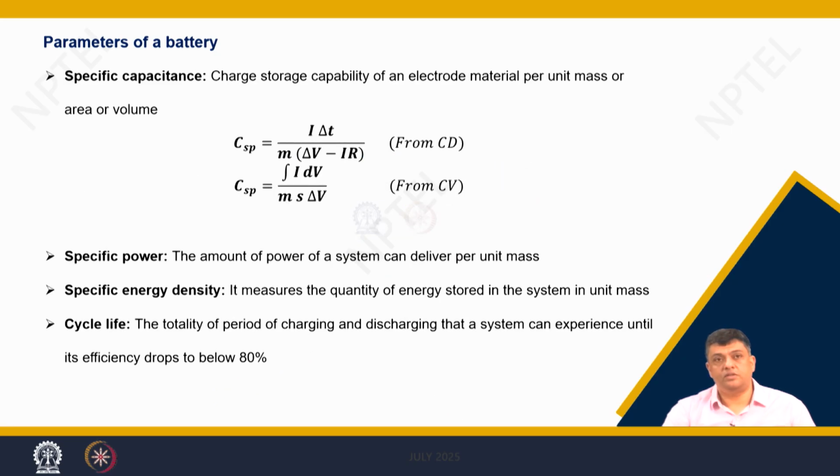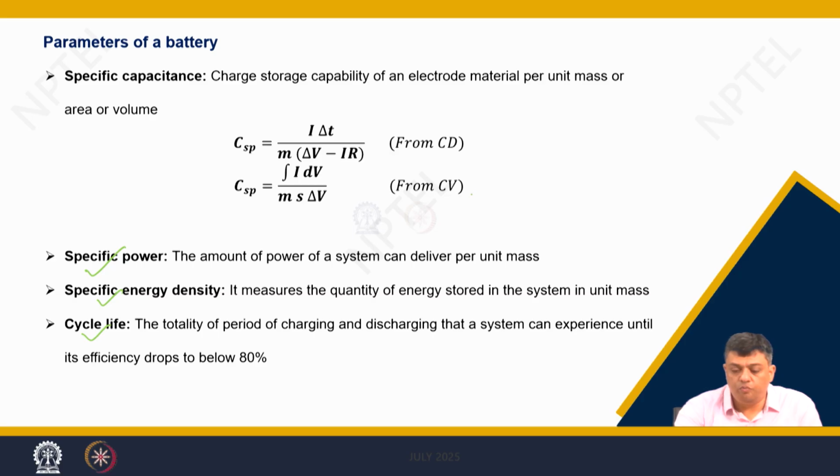You will be able to then find, using techniques like CV and CD, the values of the specific capacitances that are there, and you will be able to get the specific power, specific energy densities and cycle life from these batteries.